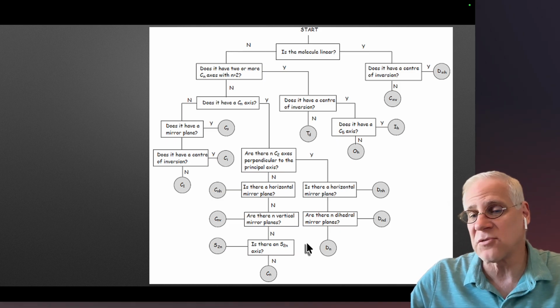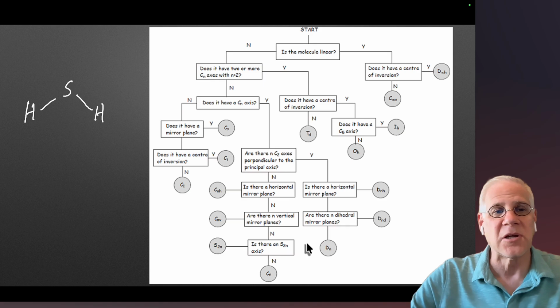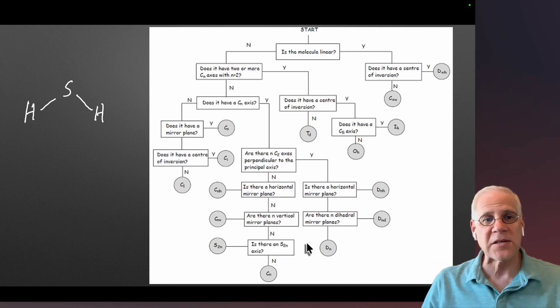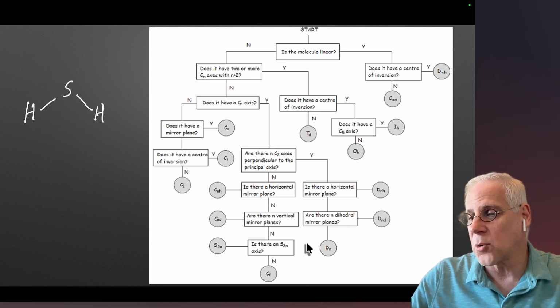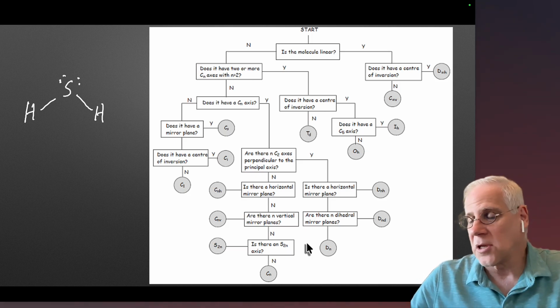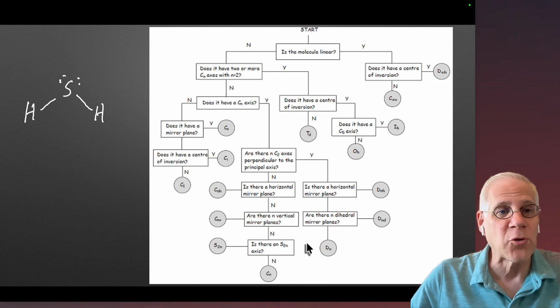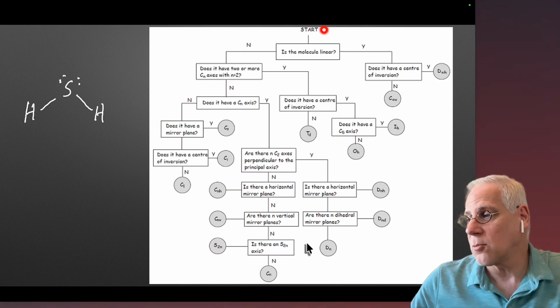So first we have to write down the molecule, and we do need to know the geometry that we're dealing with. We know that H2S, if we just go through and do a quick VSEPR, we see that it does have a bent geometry there. And we can use that geometry to help us determine what our point group is going to be. So we start at the start.